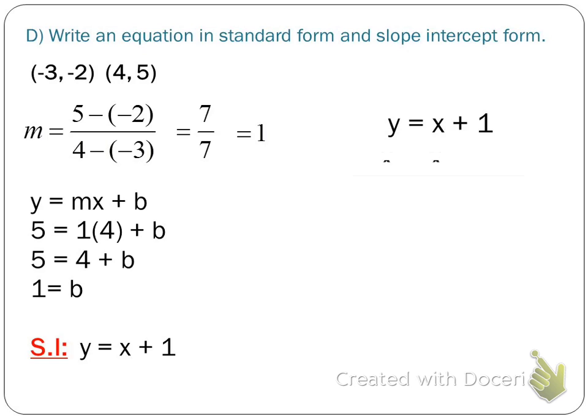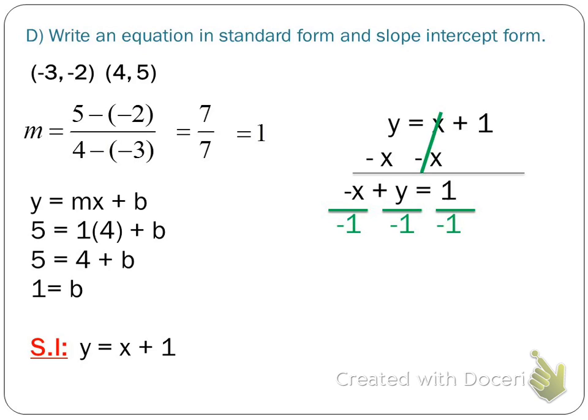Subtract x from both sides. So I'll have negative x plus y equals 1. Then what? Multiply by -1. Yeah, you can multiply everything by -1 or you can divide everything by -1. Same idea. We end up with x minus y equals -1.